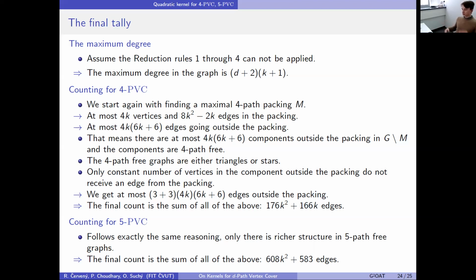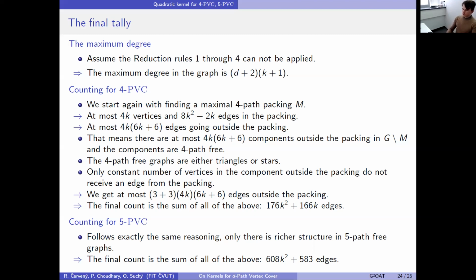So that means that we can bound the number of vertices and number of edges outside the packing with this fact, and it amounts to this. It's again some constant times k squared. And the final sum is this very nice 176 k squared edges plus something linear. We don't really care about that.